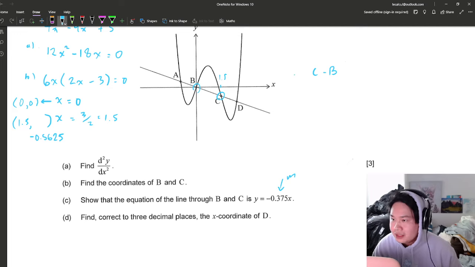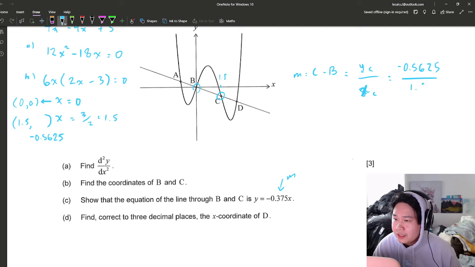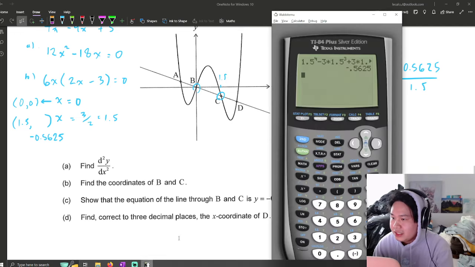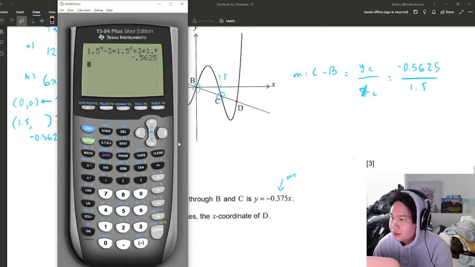So essentially, this means that the slope is just the y-coordinate of C divided by the x-coordinate of C. So negative 0.5625 divided by 1.5. And that should probably give you the answer.